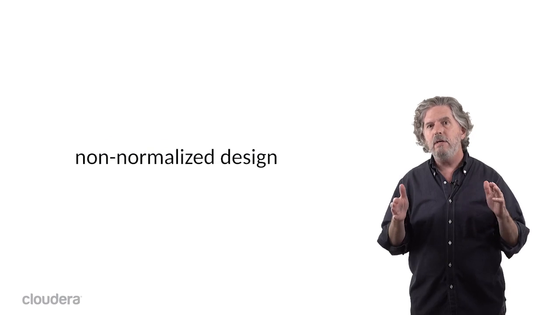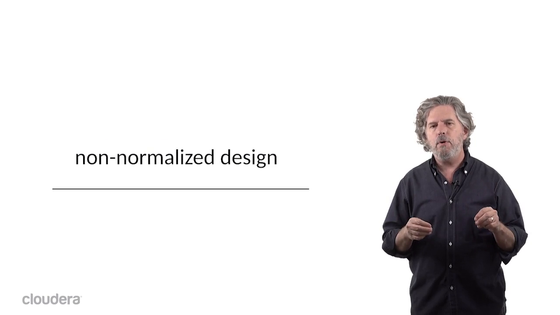It is a commonplace notion among experienced database designers that if you throw together a few tables without regard to the principles of normalization, then you do not have a denormalized database design, you have a mess. This is sometimes called a non-normalized design.